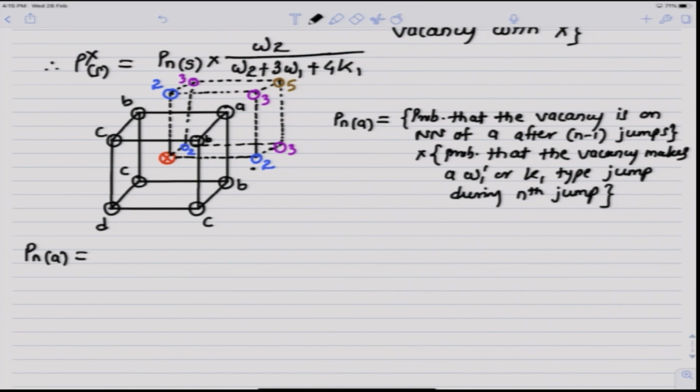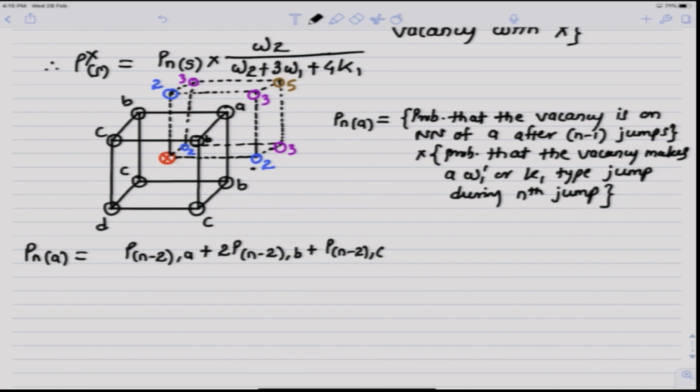So, the only sites the vacancy should have occupied after n minus 2 jumps are A, one of the two B's, or C. This we can write as P n minus 2 of A plus 2 times P n minus 2 of B plus P n minus 2 of C, where P n minus 2 of S denotes the probability that the vacancy arrives at site S after n minus 2 jumps.